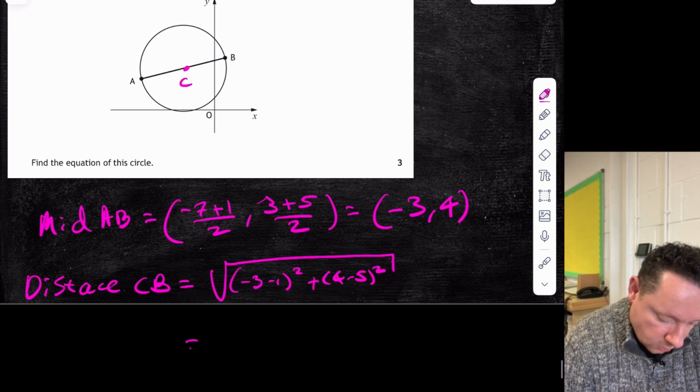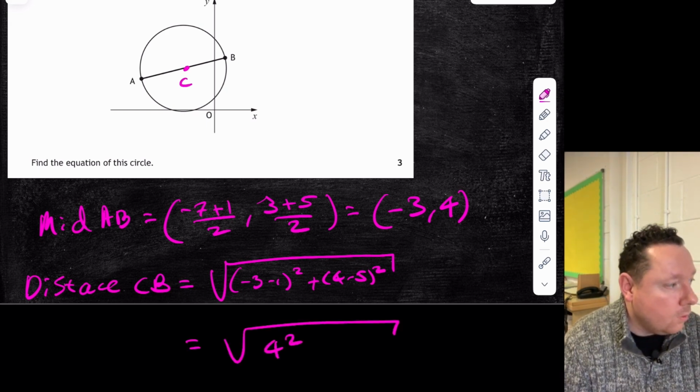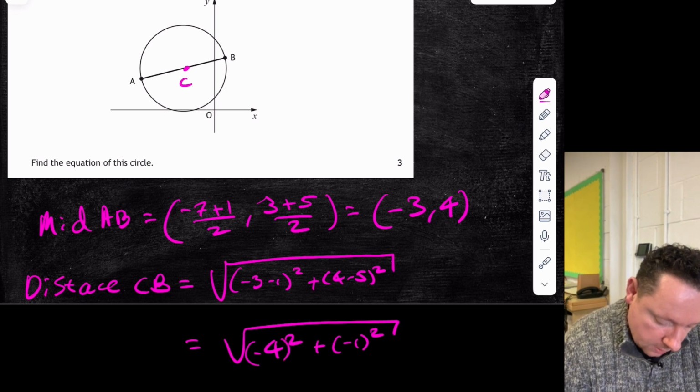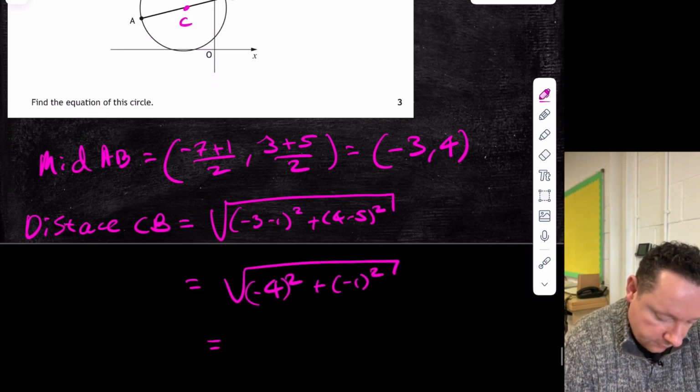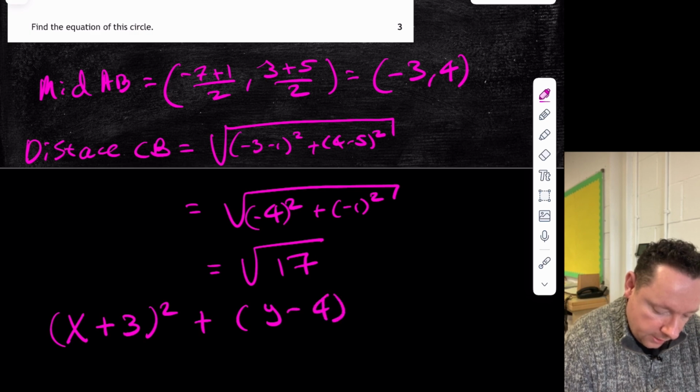So minus 3 minus 1 is minus 4, so that's 4 squared. 4 minus 5 is minus 1, so that's minus 1 squared. So that's 16 plus 1 is 17. Square root of 17. x minus a squared, so x plus 3 squared plus y minus 4 squared equals root 17 squared, which is 17.